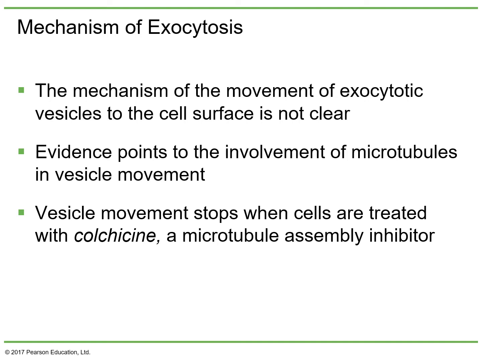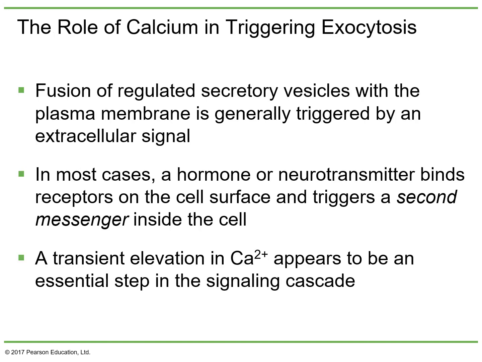Furthermore, vesicle movement stops when the cells are treated with colchicine, which is a known plant alkaloid that prevents microtubule assembly.